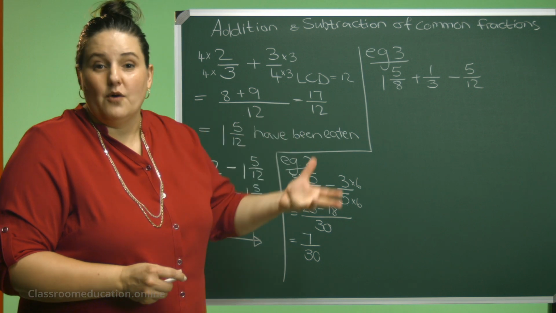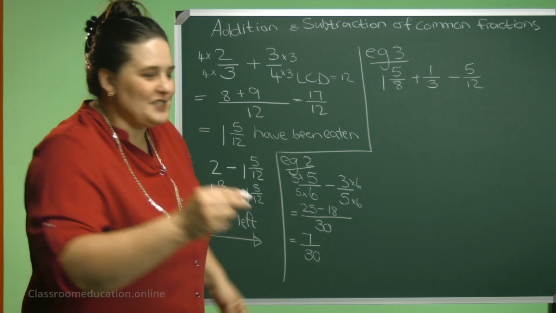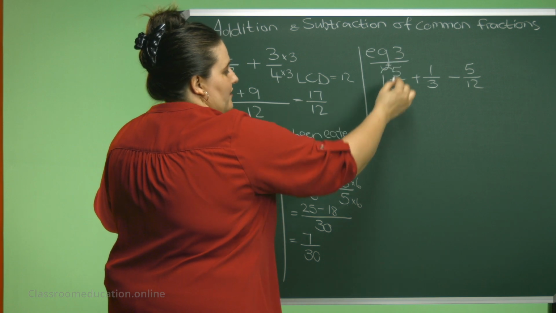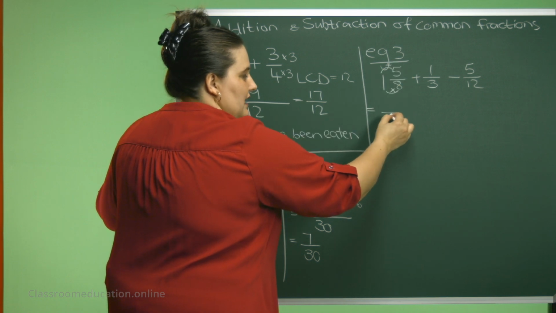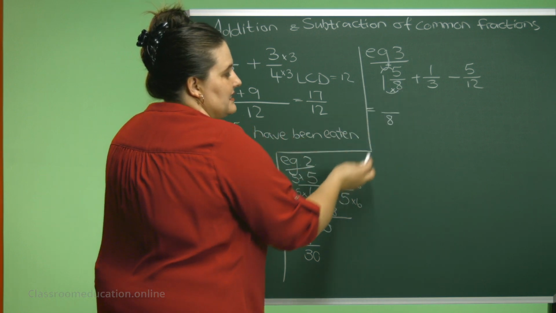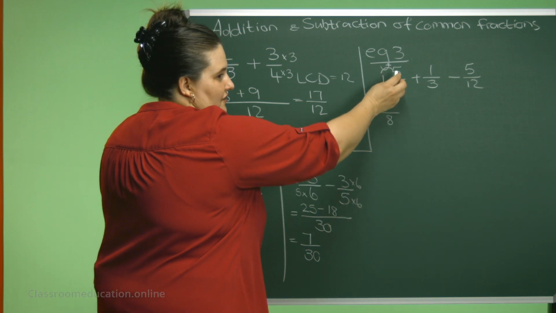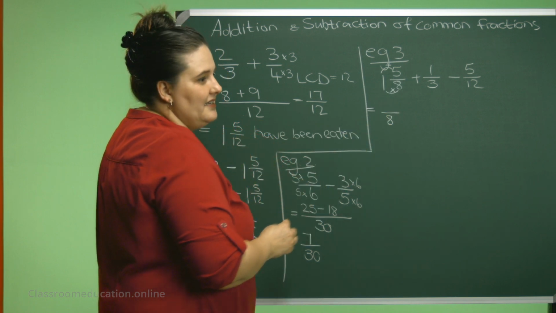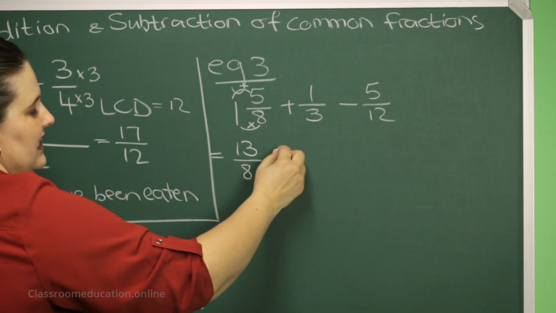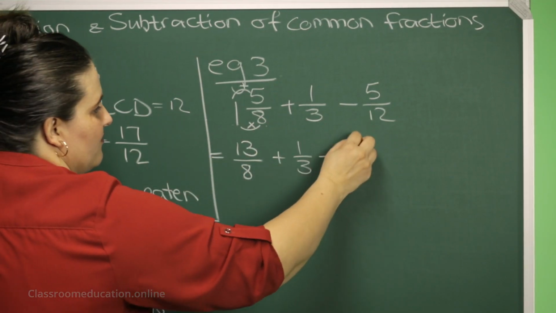Can you remember how we do that? Yes, multiply those two, and add the 5. So I will have still, I'm working with eighths. So I will have 1 times 8 is 8, plus the 5 will be 13 eighths. And then I still have my third, and I still have my 12ths.